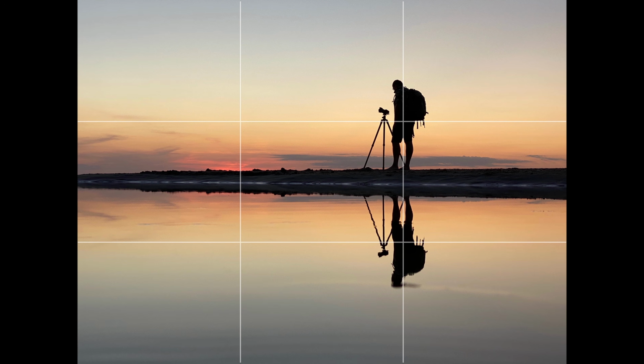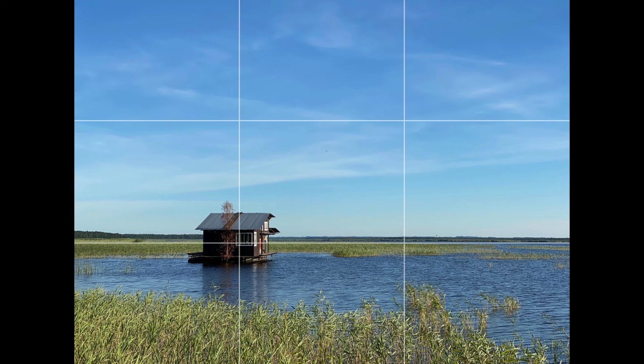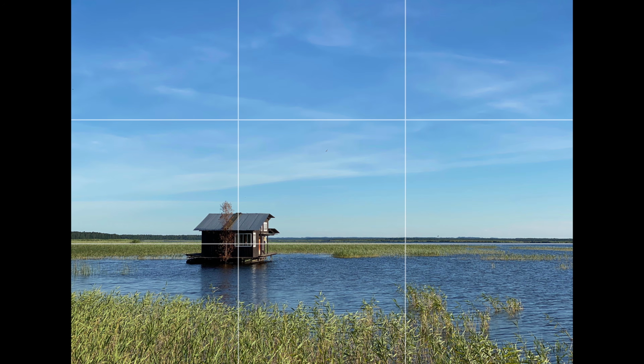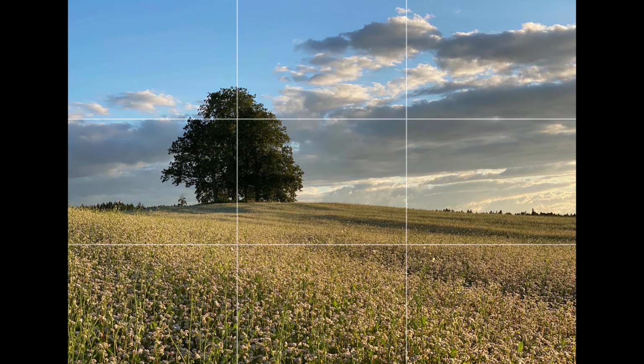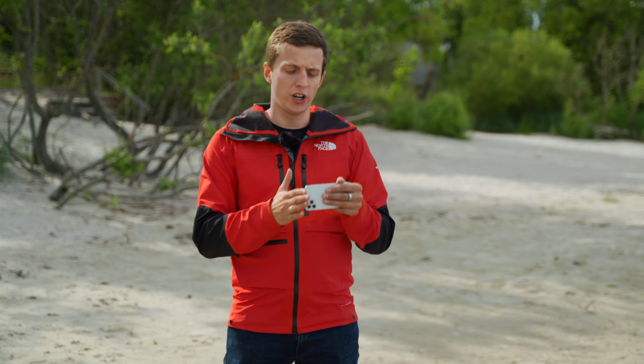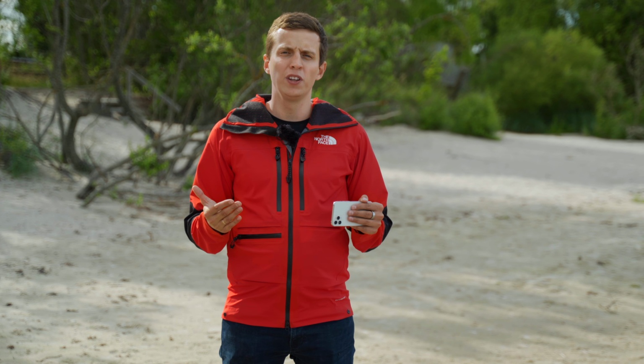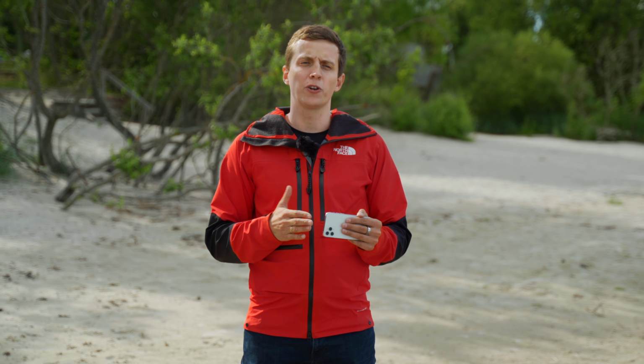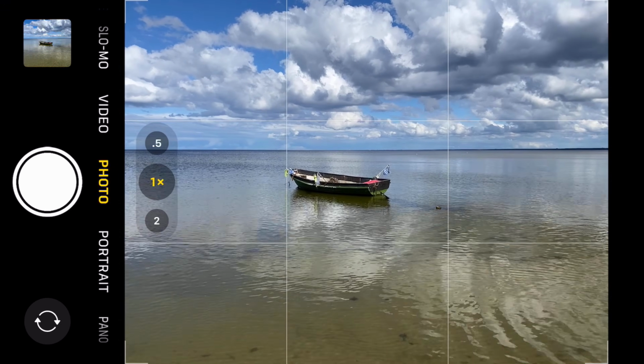So the idea behind the rule of thirds is that you want to place important subjects or important lines in your image along these grid lines, or ideally at the point where these lines intersect. So if I'm thinking about where to position the boat in this picture, I would need to position the boat at one of the intersections of the grid lines. Now I have 4 points I could choose from.